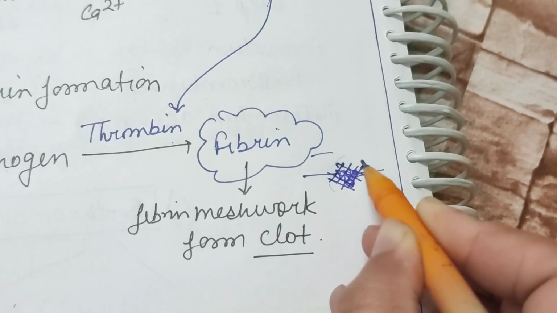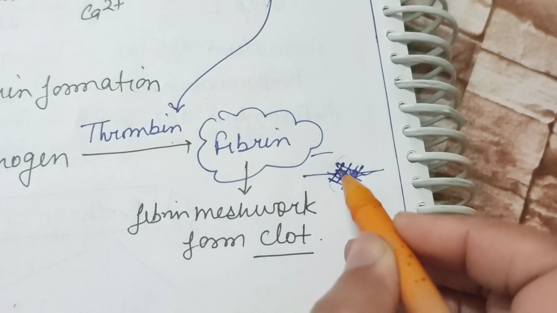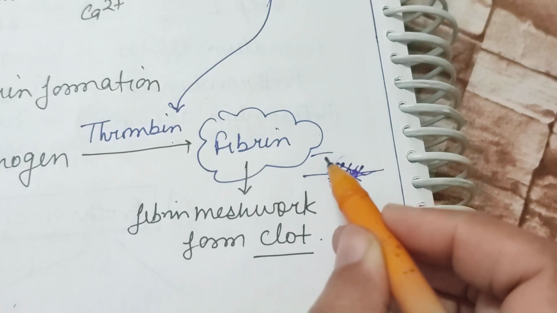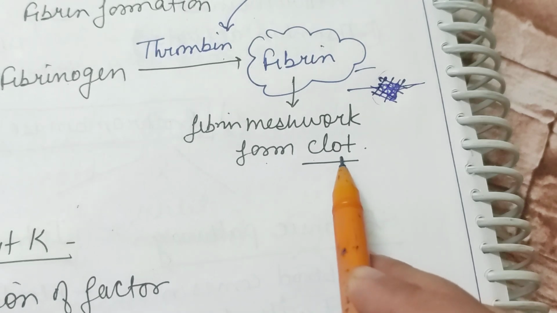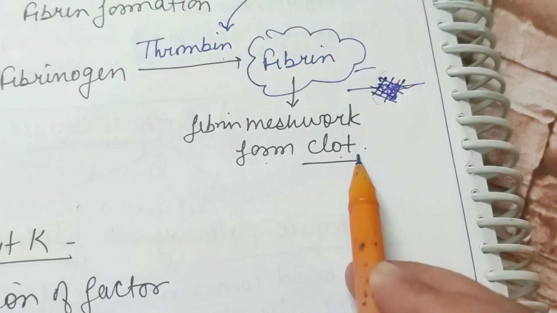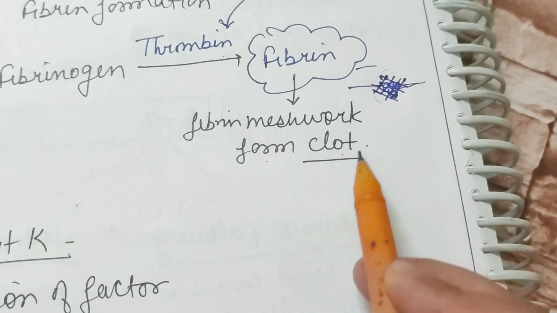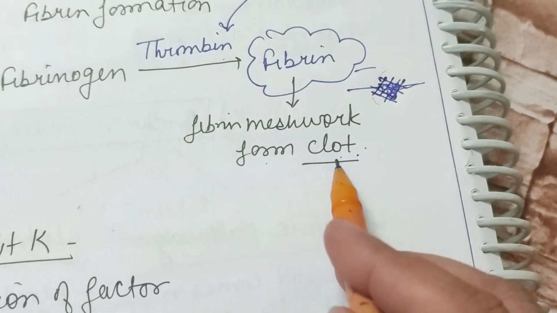So the plug formed is a permanent plug, not temporary. Okay, that's how complete clotting occurs in that part. Fibrin meshwork forms the clot ultimately. So we don't call a temporary plug a clot, only a permanent plug is a clot. Okay, so we have seen the complete process of clotting.